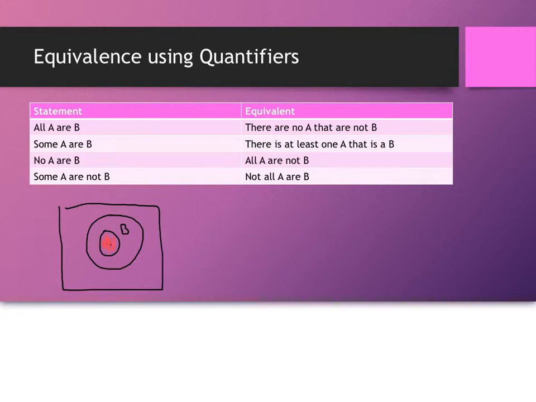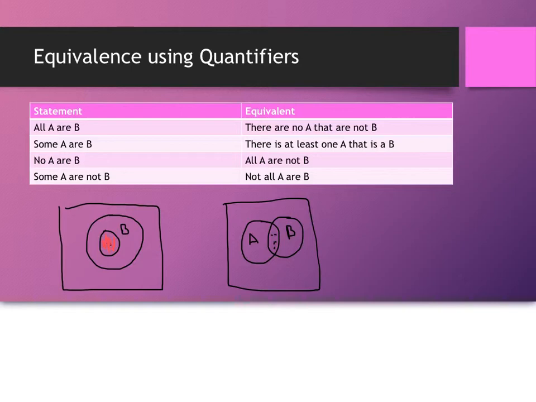All right, so coming back to this, if you draw a set for some A are B, I'll draw it over here. What we're essentially saying is, inside the circle of A, there are some things which are also in B. In other words, in set language, A and B intersect, have a non-empty intersection.